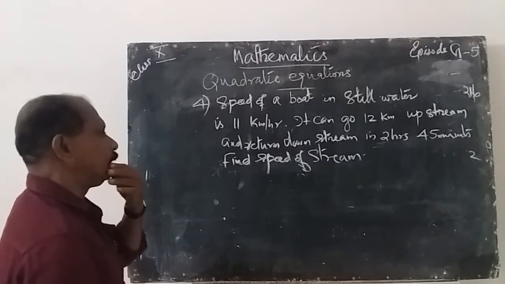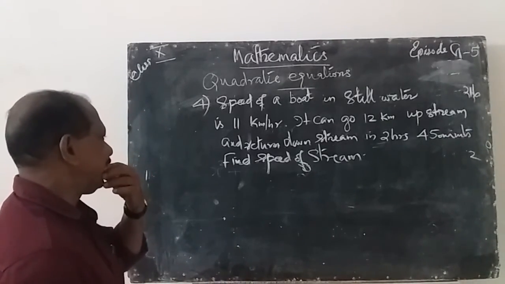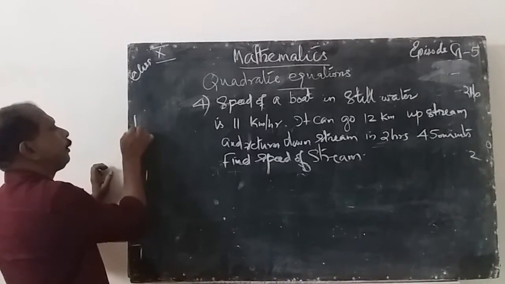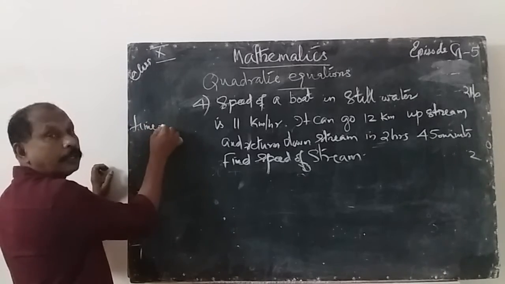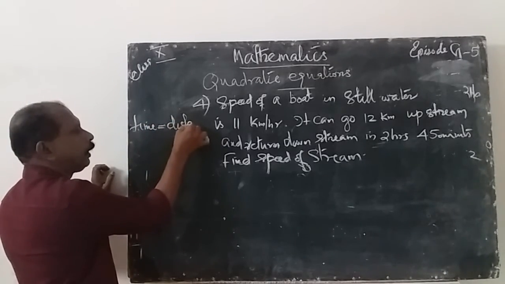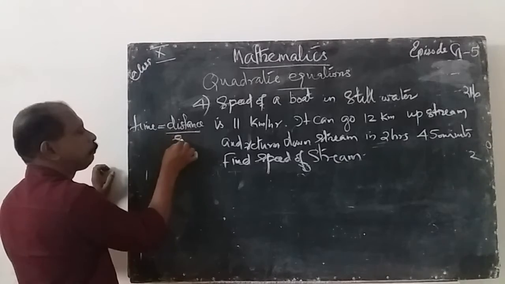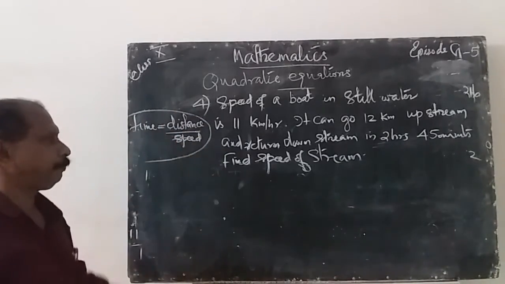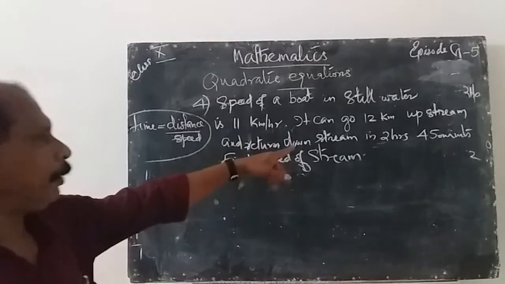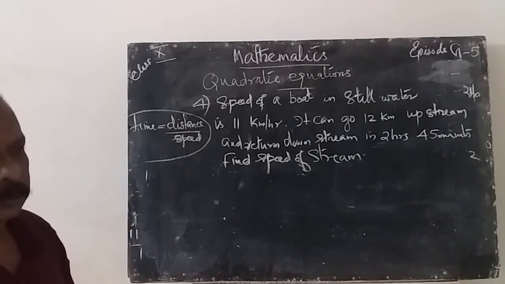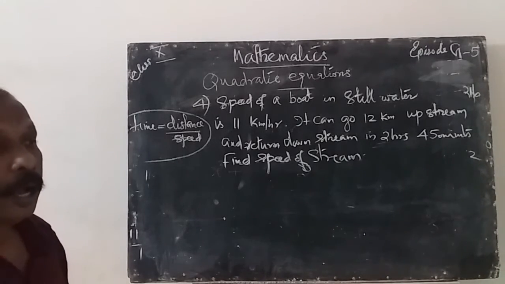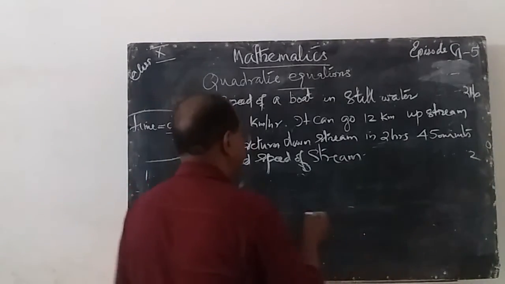Then we know that time is equal to distance by speed. This is the basic formula to find out the time. Total time is 2 hours and 45 minutes. 45 minutes we can convert into hours, that is divided by 60.